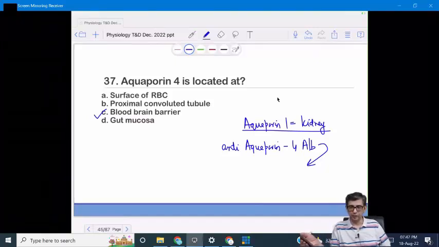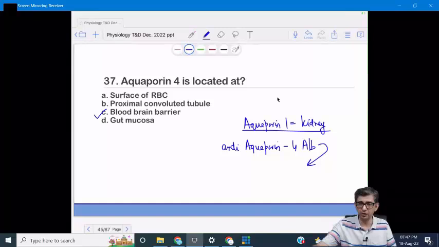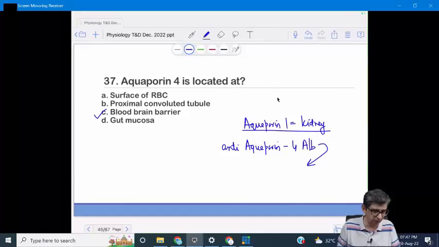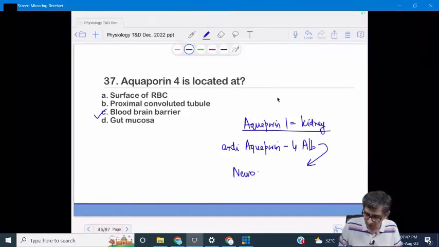Tell me the name of the disease where you have anti-aquaporin 4 antibody. The disease will be causing blindness in the person and spinal cord involvement also. Blindness will occur, optic neuritis will occur, and along with optic neuritis there is spinal cord involvement. Yes, the answer would be NMO, that is neuromyelitis optica.